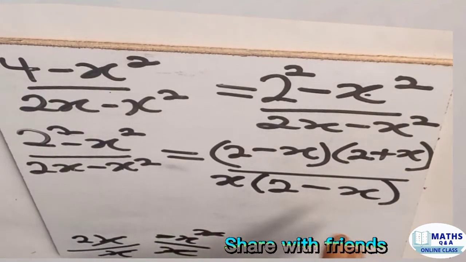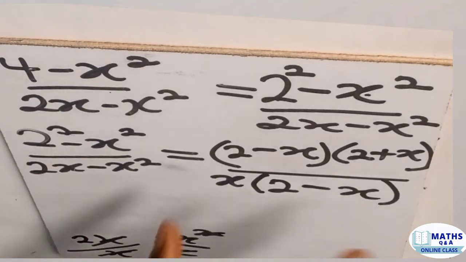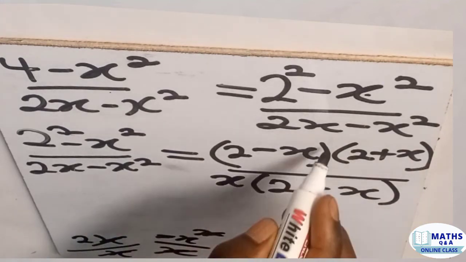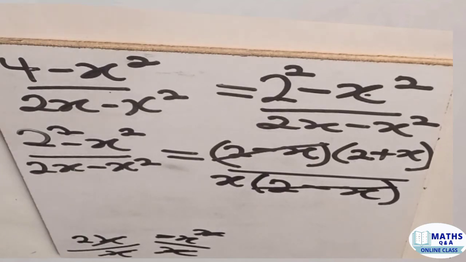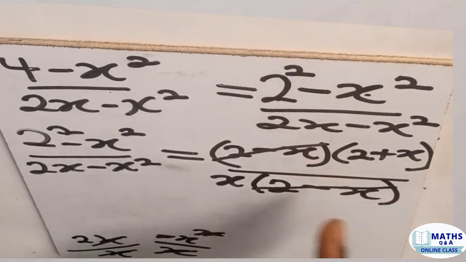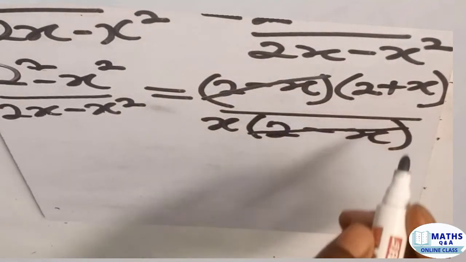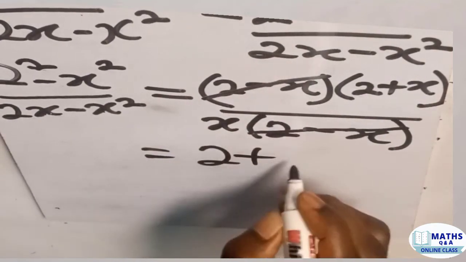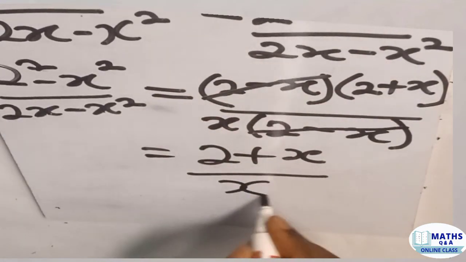Now that we have reached here, you see that we have some common terms here which can be cancelled out, or which can be divided. So when you divide this entire expression by this entire expression, you see that we have 2 minus x here which can divide this 2 minus x, right? So it has taken this one off, and that one has been left with what? Let's see. We have 2 plus x which is left. So we have our 2 plus x, and that one will be divided by what is left here, x.